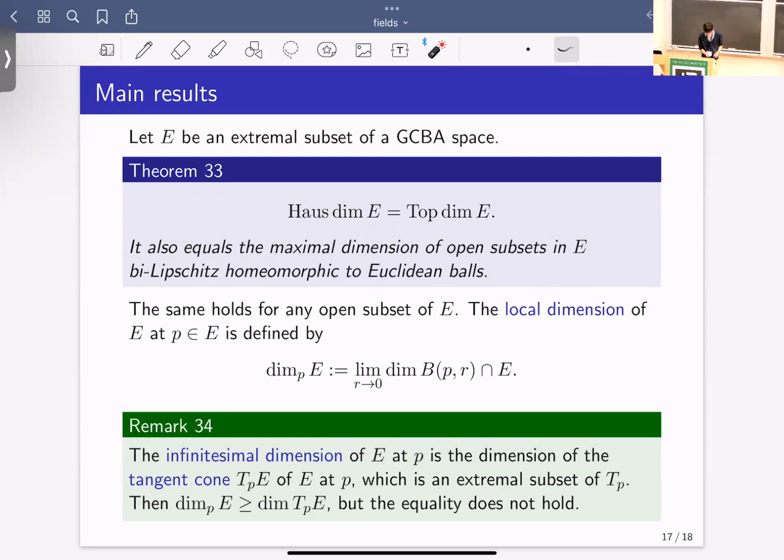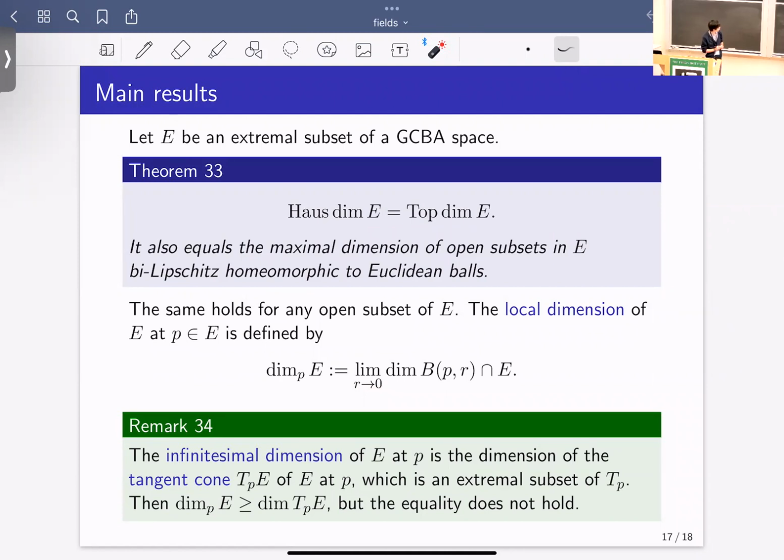Okay, so the dimension is well defined. And actually, the same holds for any open subset of E. So this enables us to define the local dimension of E at p by the limit of dimensions of r-balls around p in E.